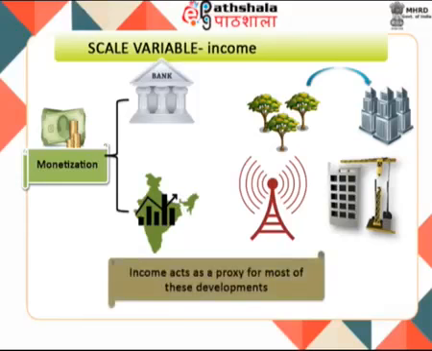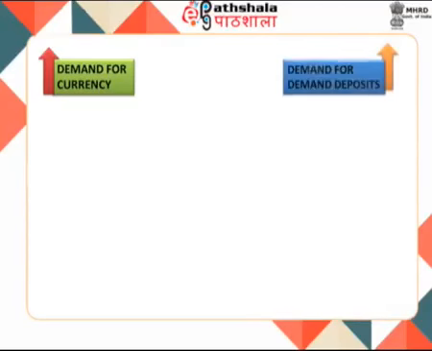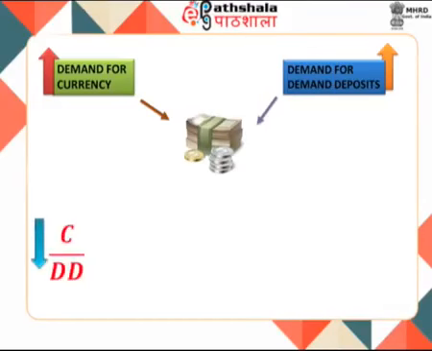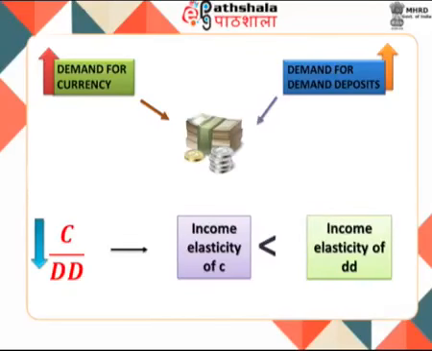Income acts as a proxy for most of these developments. However, since both the demand for currency as well as the demand for demand deposits tend to increase with increases in income, a declining C/DD ratio indicates that the income elasticity of currency demand is less than that of demand deposits.